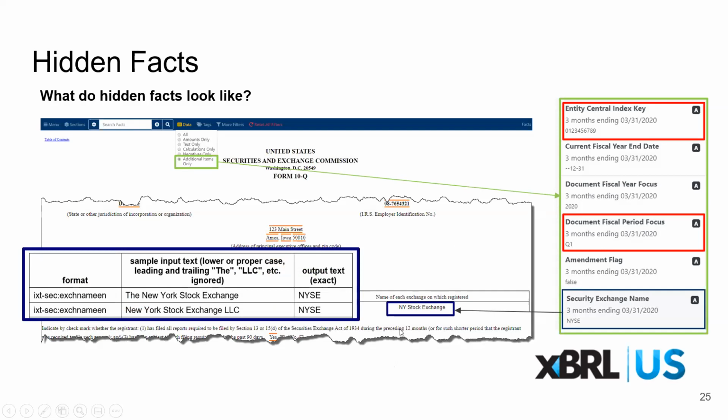But if you have a variation that is not included in the transformation, that might be a scenario where you would include NYSE in a hidden section in order to include that in your XBRL facts.